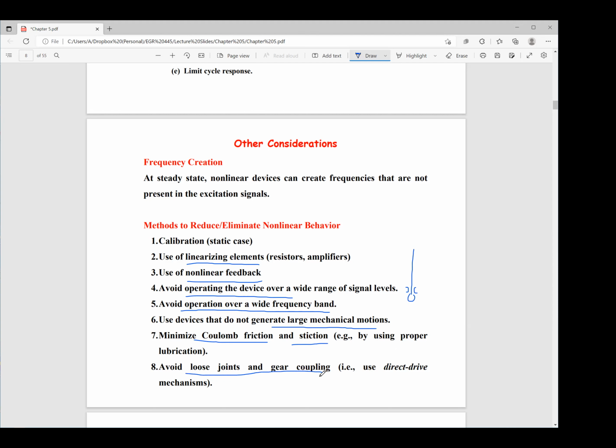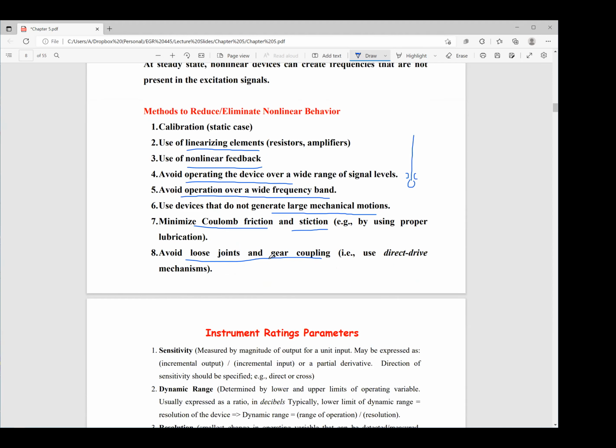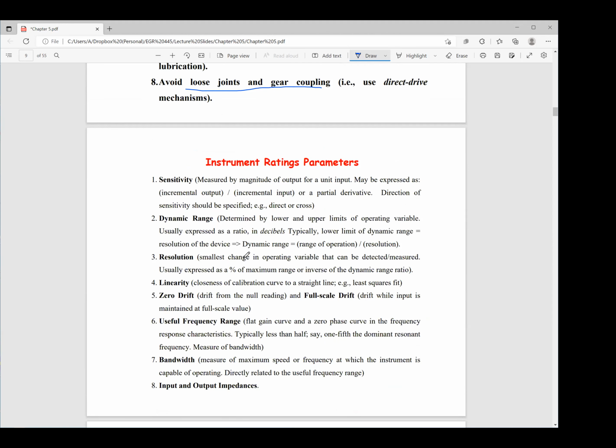Clearly, if you have backlash or gear coupling, that would also increase the nonlinearity. That's why you want to make sure that the backlash is minimum and the couplings that you use are linear or linearizable.